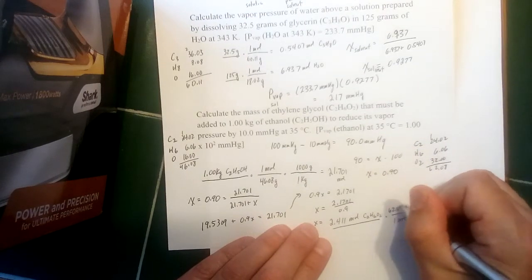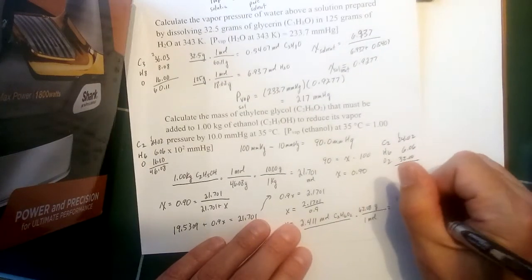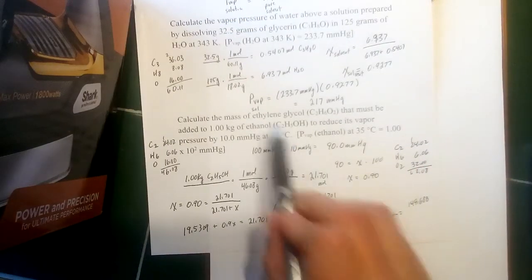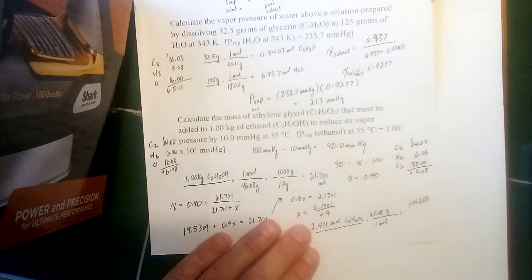So if we multiply that previous answer by 62.08, that will tell us how many grams of that solute we needed to make the solution we were trying to make. Now, on my calculator, I get 149.688, and actually it keeps going. But if we look back at the problem, we're really limited to 3 sig figs from a lot of the data up there.